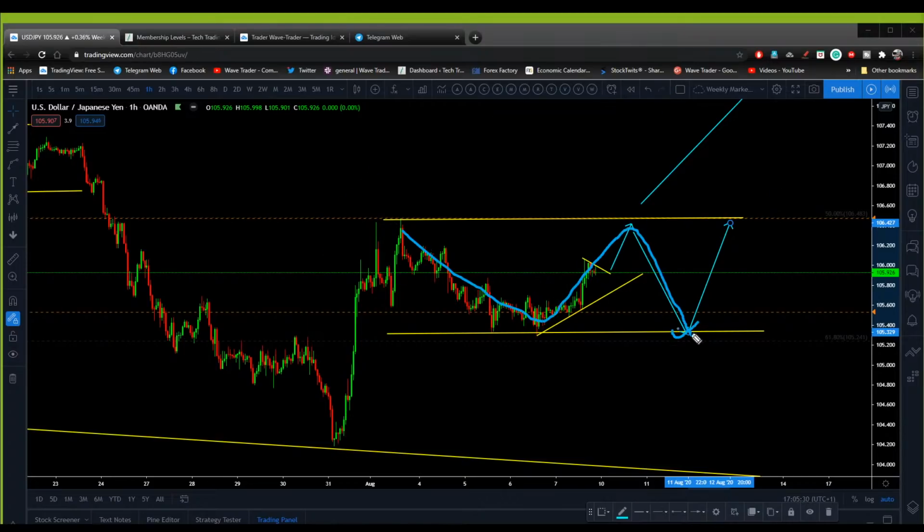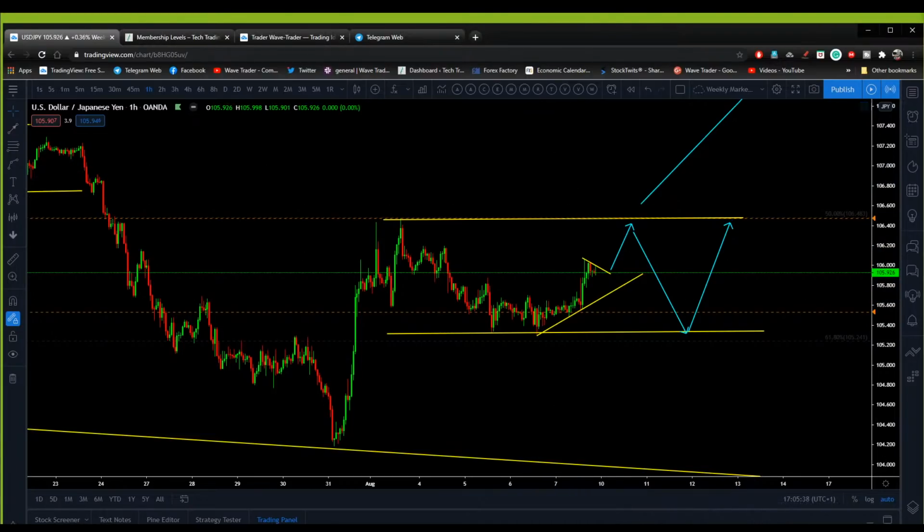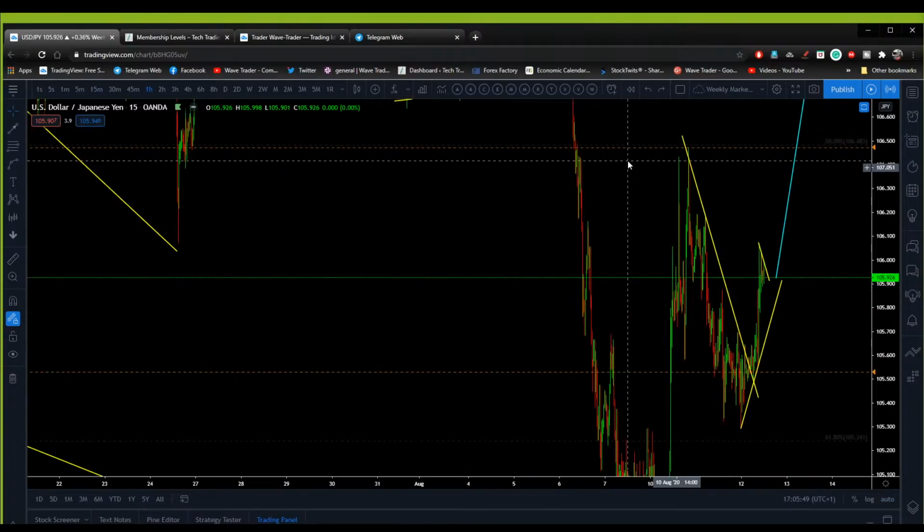A bigger correction, retest these lows and stay trending for upside. Every time dollar yen goes back to the previous lows, look for it to reverse for upside. So dollar yen is going to be a good trade in the next coming days to weeks.